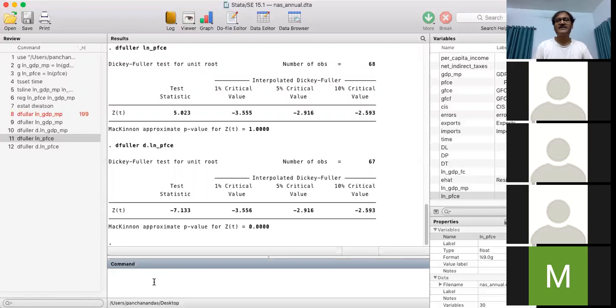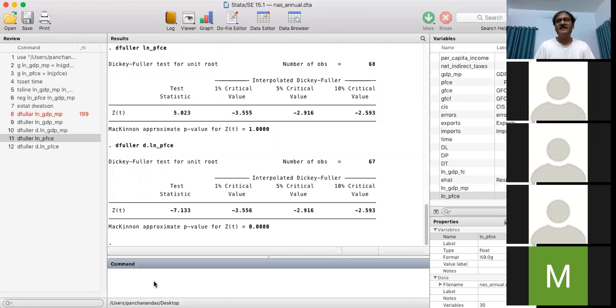The nature of stochastic trend present in both the series are similar. If the number of unit roots in the two series are not the same, suppose log GDP at market price contains one unit root and consumption expenditure contains two unit roots.